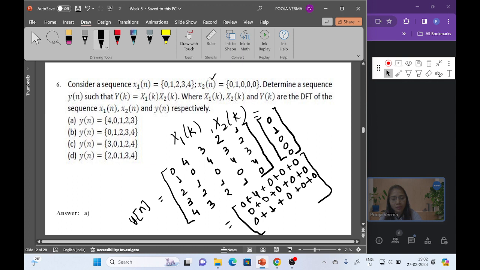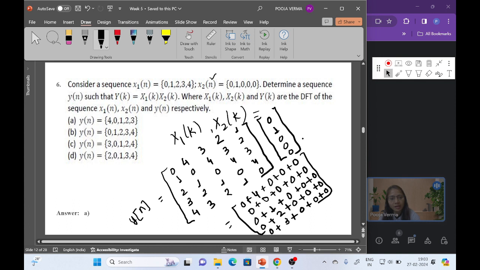And multiply the fourth row with this column: 0 plus 2 into 1 is 2, plus 0, 0, and 4 into 0 is 0. And the last row with this column: 3, 0, plus 0, plus 0.